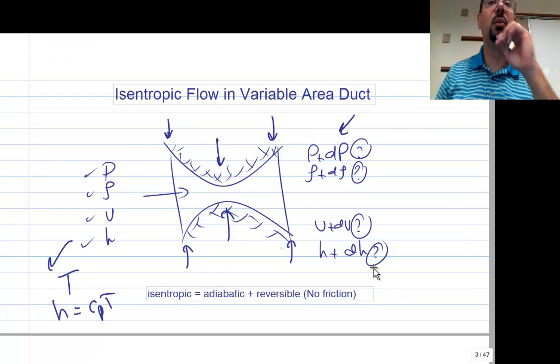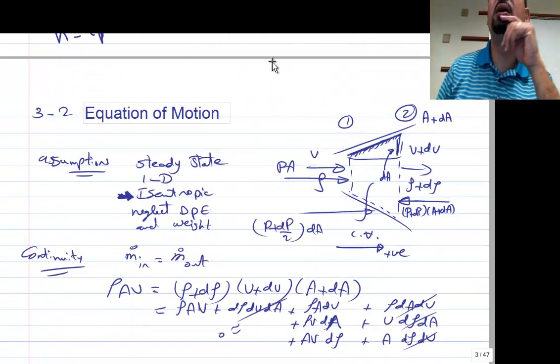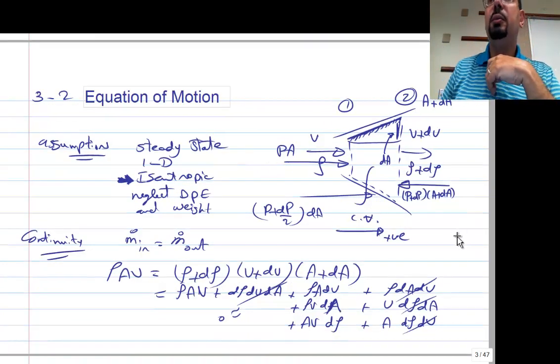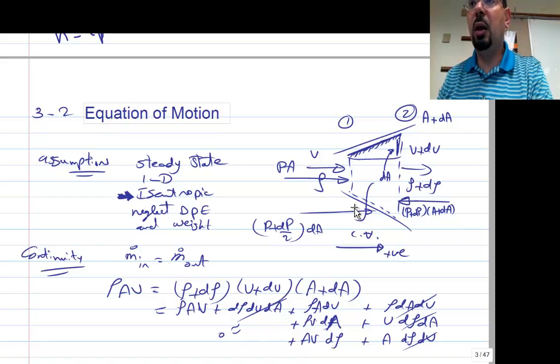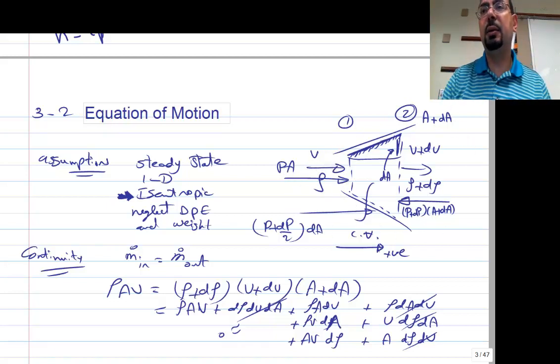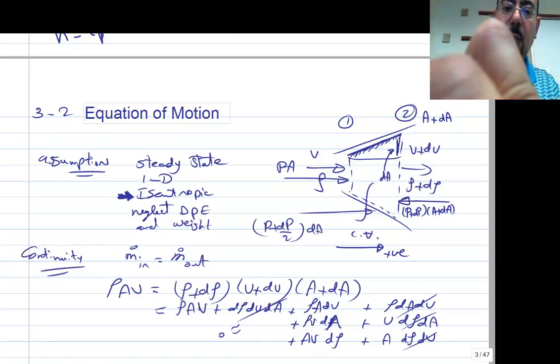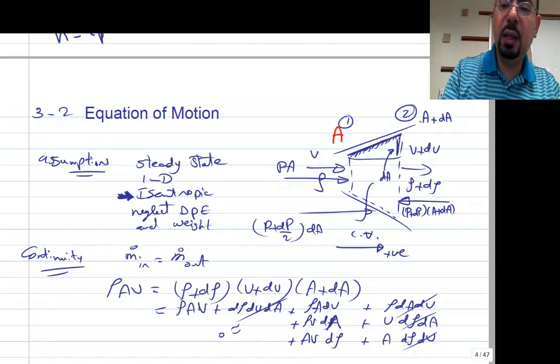All right? So let's see what are the equations that we can use. So here is a section where the area basically jumped from A to A plus dA. All right? So I got area A over here, and I got A plus dA over here.